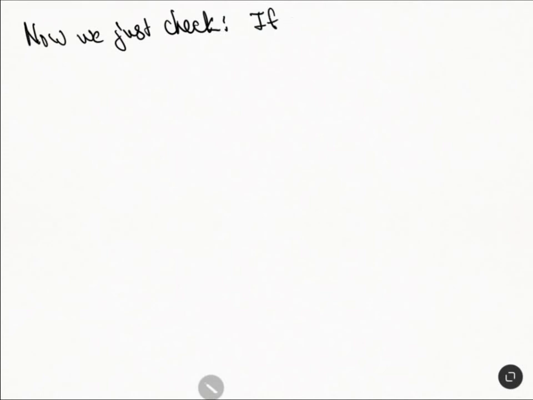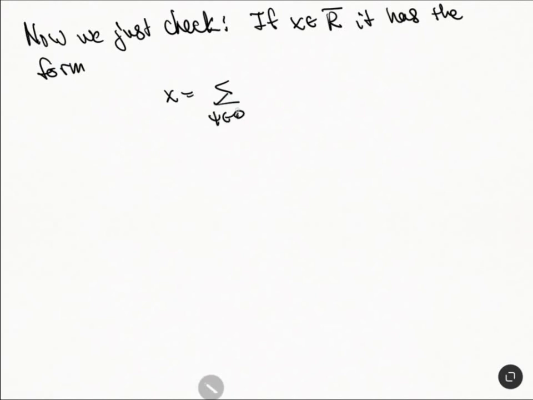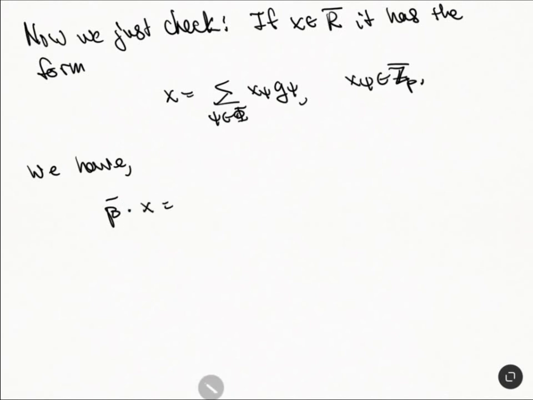If x is in R bar, it has the form of a sum over psi in this big set of x_psi g_psi, for x_psi in Z_p bar. So we have beta bar times x. Now we just write everything out. We're going to use that idempotents are orthogonal.